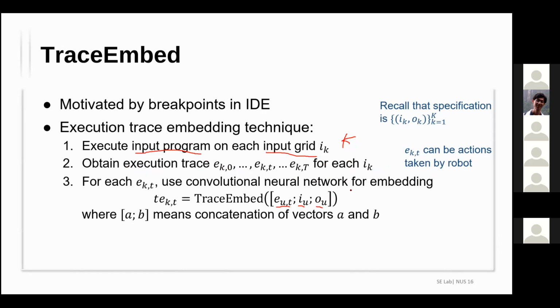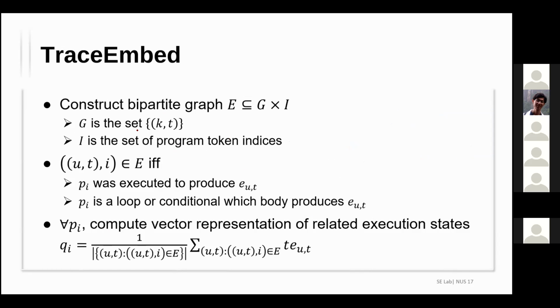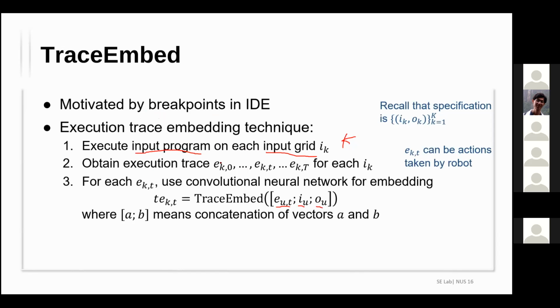After they generate this so-called embedded form of the execution trace and the input and output, what they will do is create a mapping, a bipartite graph. This graph is simple: it takes in the set of K and T, where K is the grid itself and T is the trace.